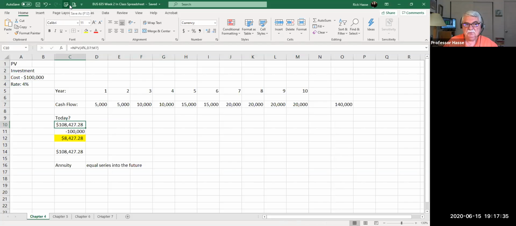The net difference between that return, this is also called discounted cash flow, compared to the investment, gives us the return or the net present value of that return. So in a case of 4%, we're making $8,400. So that's pretty well what we discussed in the first part of our class of the definition of what that is.